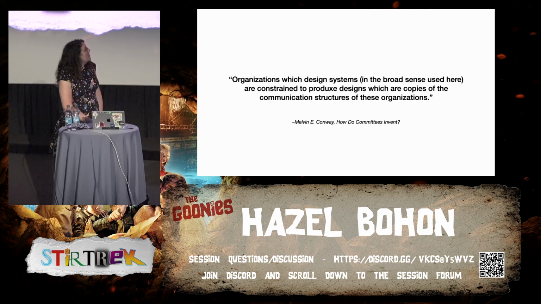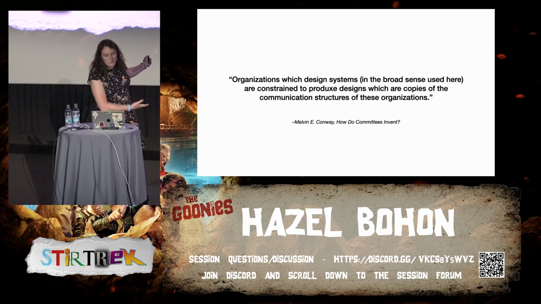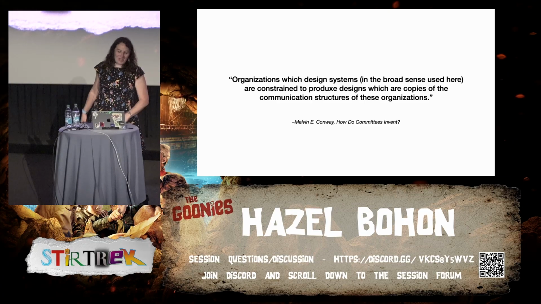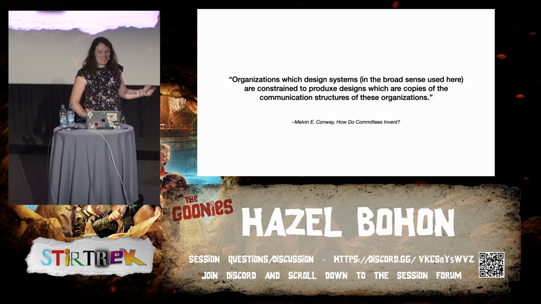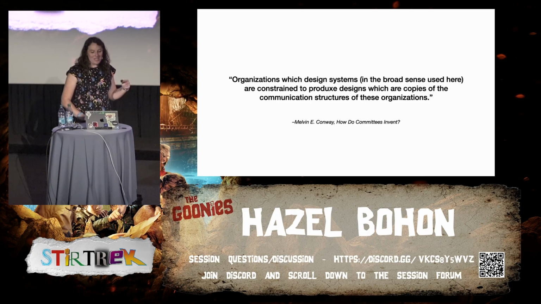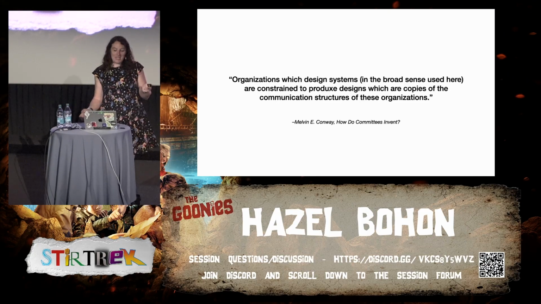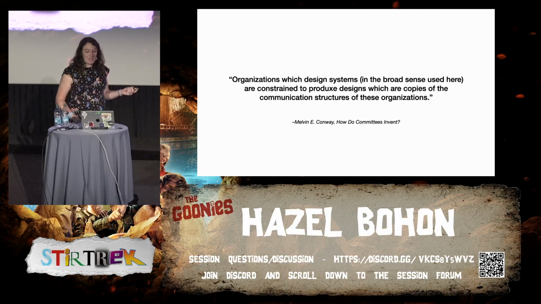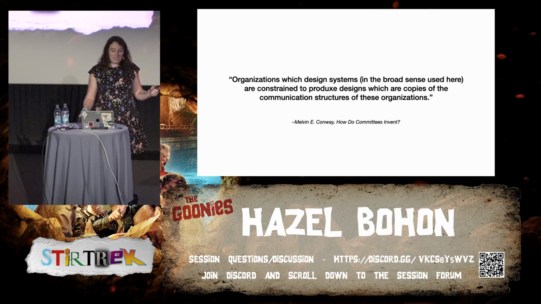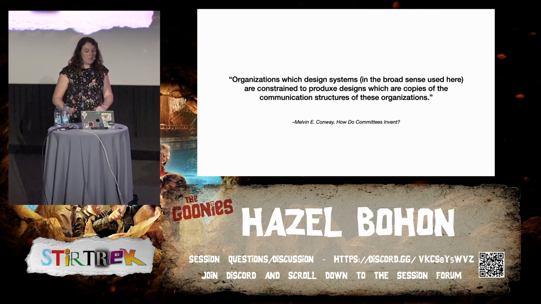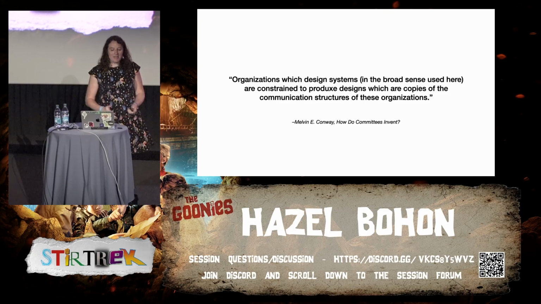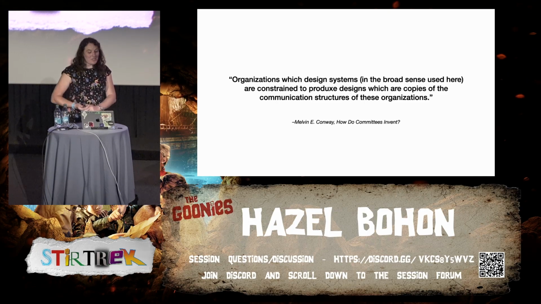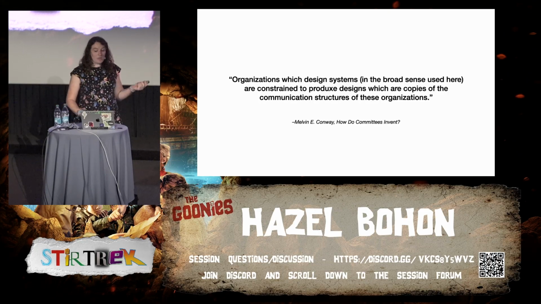Moving on, doing all the classics, here's Conway's law. Organizations which design systems, in the broad sense used here, are constrained to produce designs which are copies of the communication structures of these organizations. There's another quote from Ruth Malan that I also really like: if the architecture of the system and the architecture of the organization are at odds, the architecture of the organization wins.